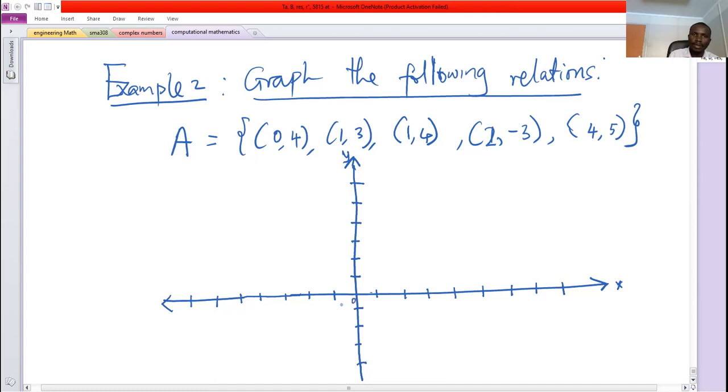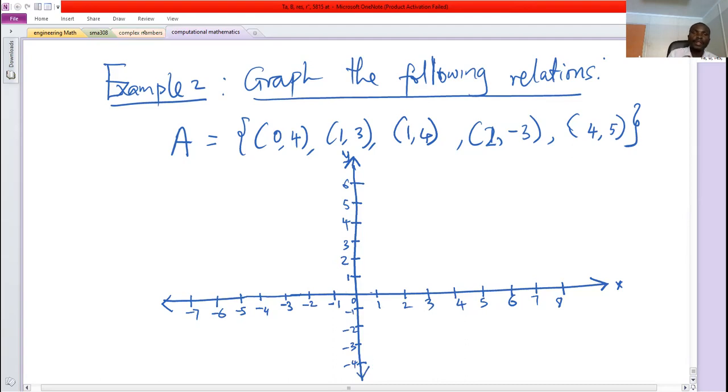Label the axes: 0, -1, -2, -3, -4, -5, -6, -7, and 1, 2, 3, 4, 5, 6, and 1 to 8, and -1, -2, -3, -4.